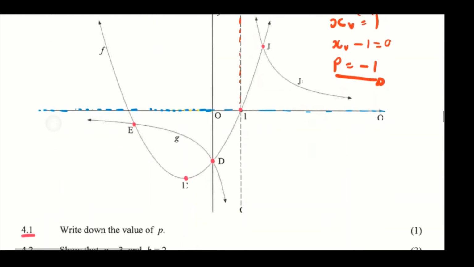As I said, this is the vertical asymptote, x equals to 1. As you can see here, it goes all the way up, right? And this hyperbola here, it doesn't touch the asymptote, right? As you can see here. Fine, so now we're done finding the value of P, which is equals to minus 1.